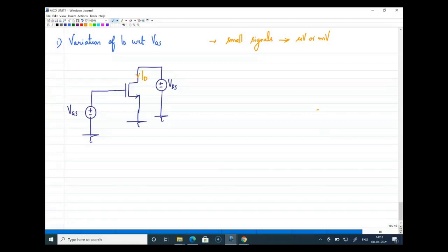Now we are trying to understand the MOSFET as an amplifier to amplify such weak signals. So I am trying to understand how a MOSFET responds to such variations, right?